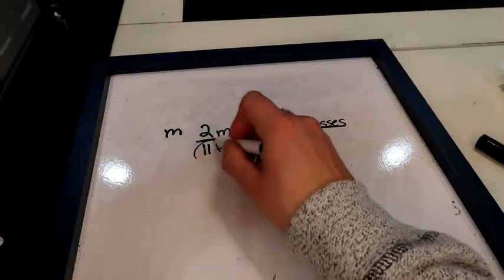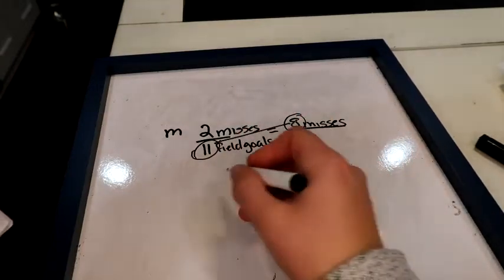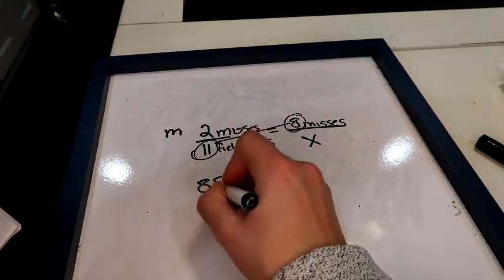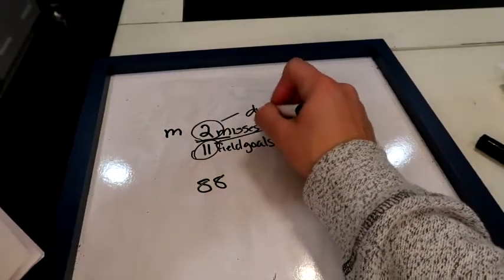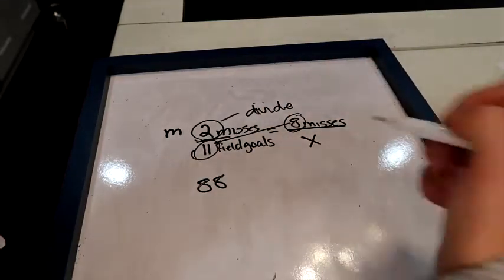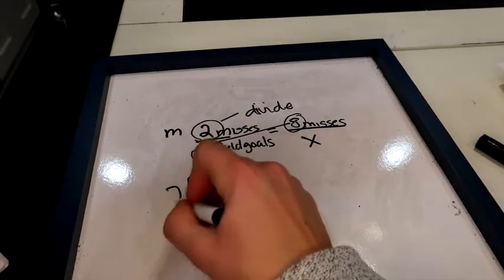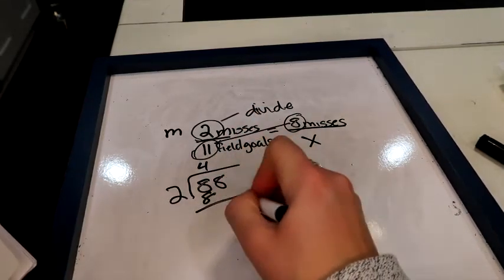Cross multiply. 11 times 8. And you guys know that trick. 11 times 8 is 88. And now we must divide by 2. 2 goes into 8 4 times.